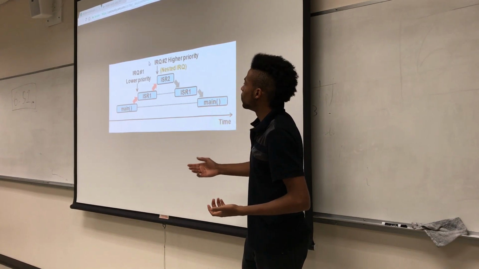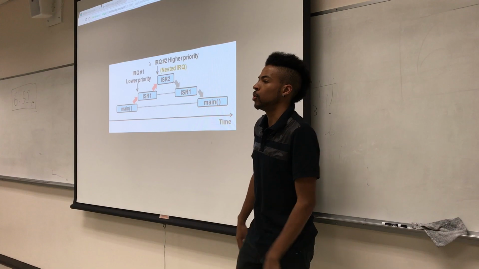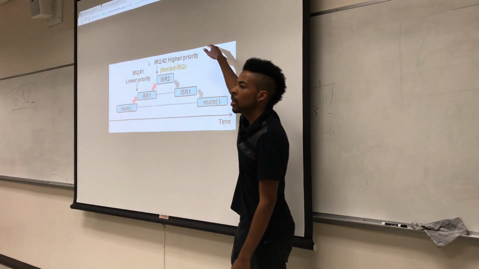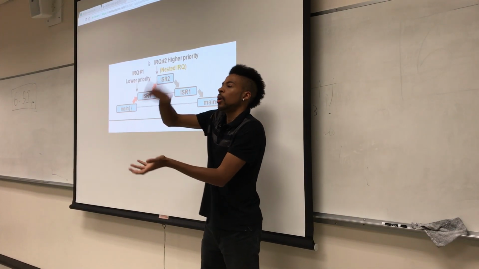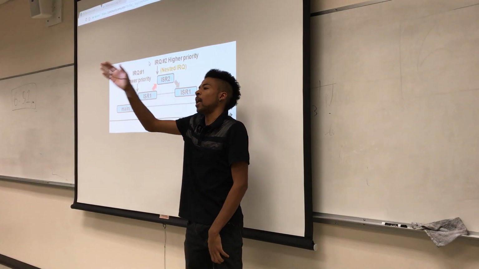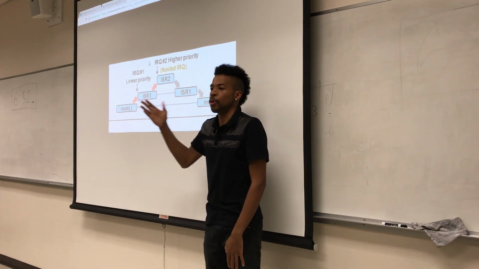If we wanted to, somehow we could trick the system to run as many ISRs as possible. After the first ISR is running, in the middle of it it can be interrupted, another ISR will run, a higher priority one can interrupt that one, and just keep going up until you get to the end of your priority list.